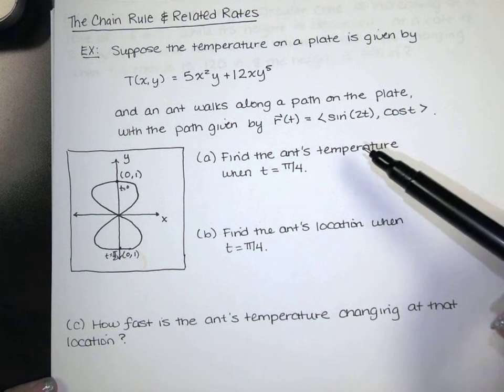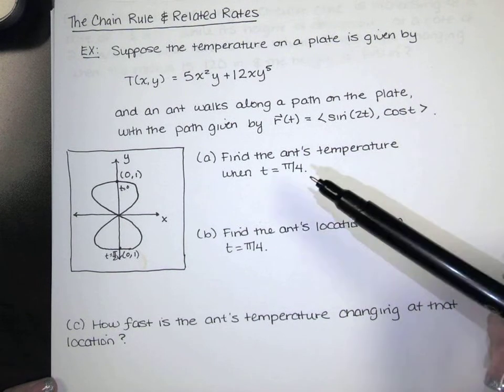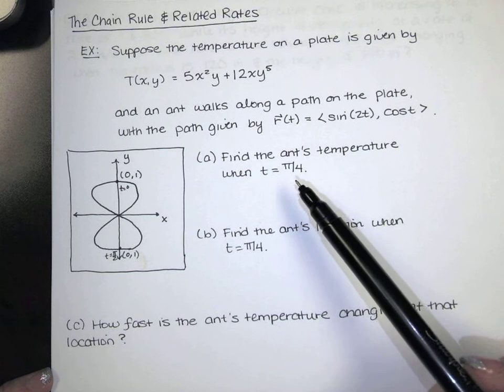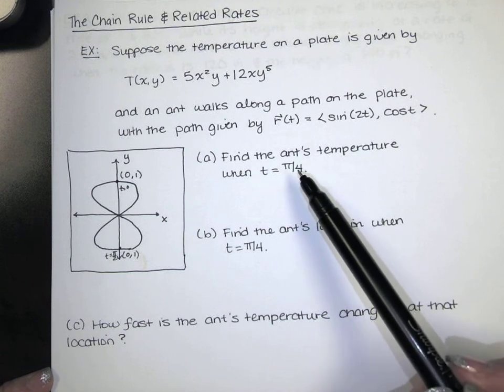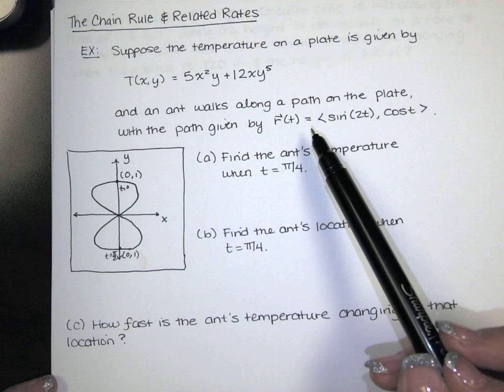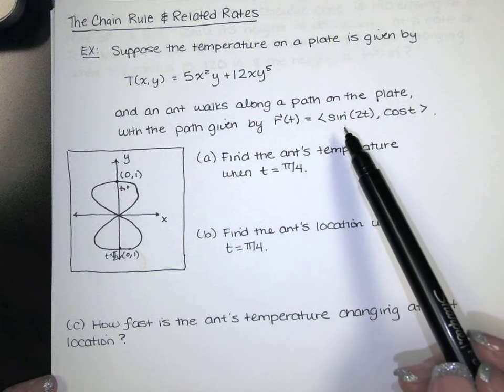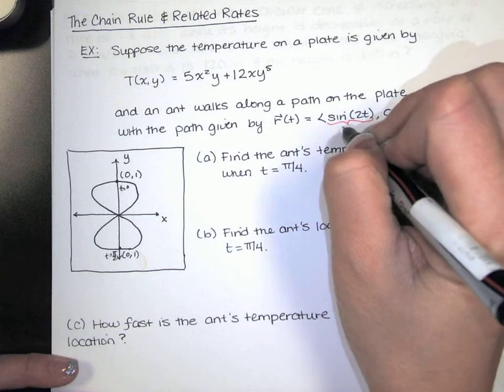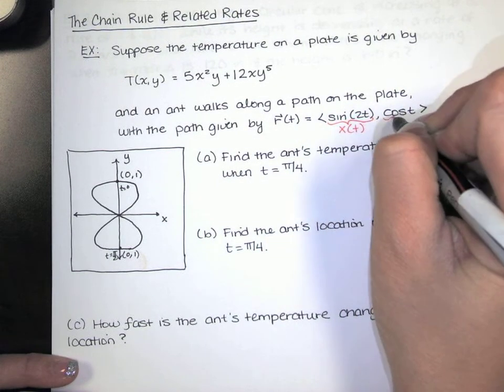So the first question says, what is the ant's temperature when t equals pi over 4? Well, that's actually pretty easy to find. At t equals pi over 4, that's a particular time, and r of t is a position vector. It tells us the location of the ant. So this is x of t and y of t.